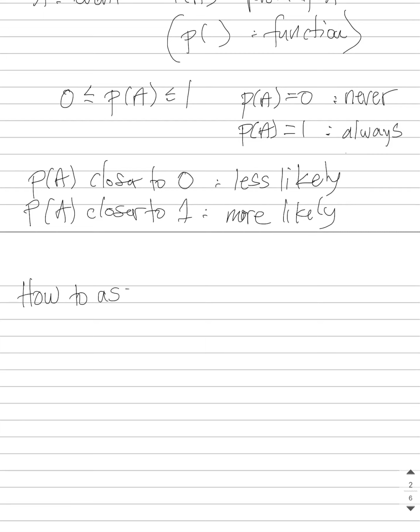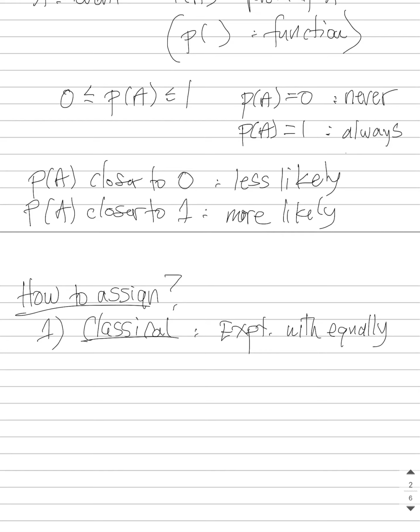So how do we assign these probabilities? Turns out there are a lot of ways of doing things, but we are going to focus on two. The first one is what we'll call the classical probability. This is where you have an experiment with equally likely outcomes.